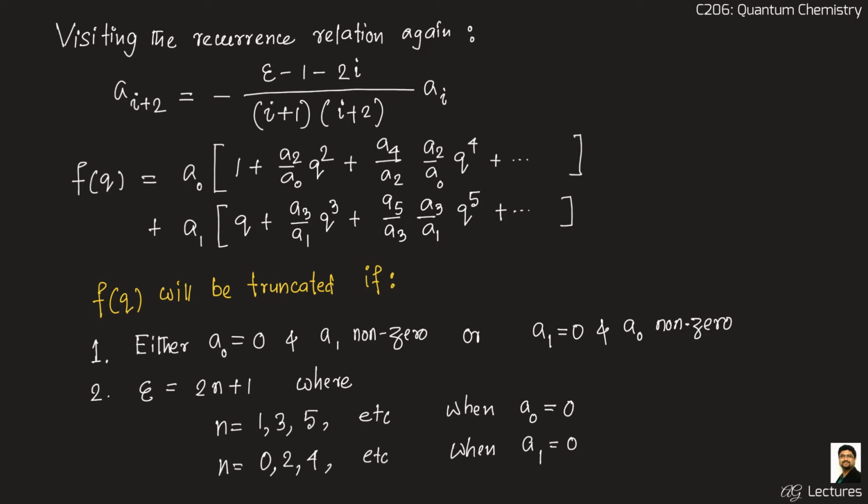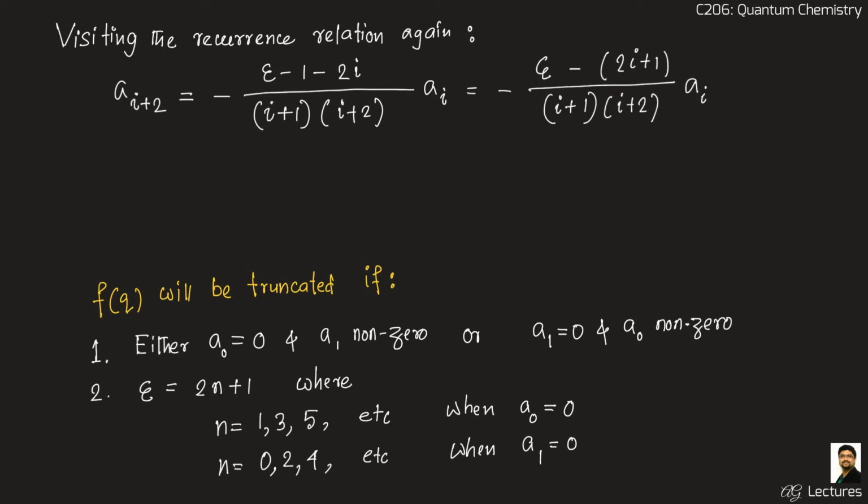Now let us see with these two conditions how f is truncated. The first thing that I have done is that I have just rewritten the factor in this way, where I have taken this 2i plus 1 within the parenthesis. Clearly as i is an index, it can take only integer values, and when epsilon takes the value 2n plus 1, where n is any of the integers, we can clearly see that this particular factor is going to be 0 when i becomes equal to n.